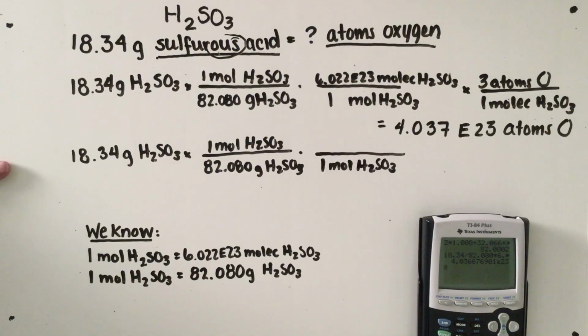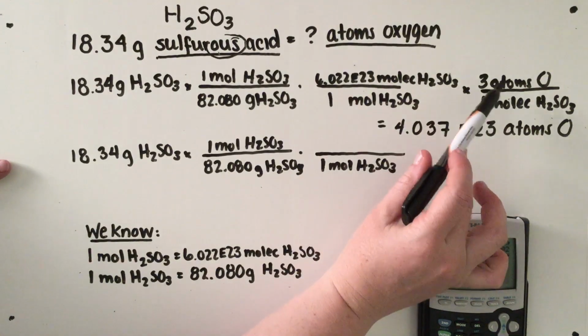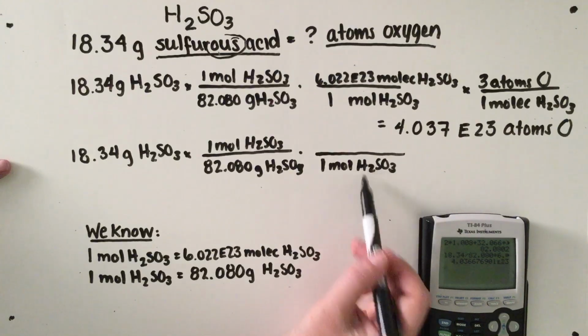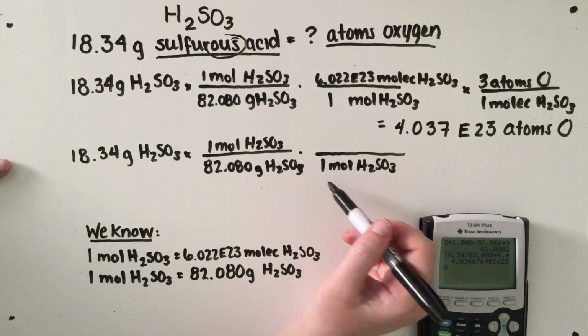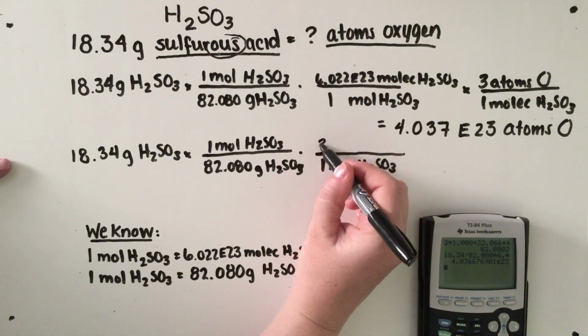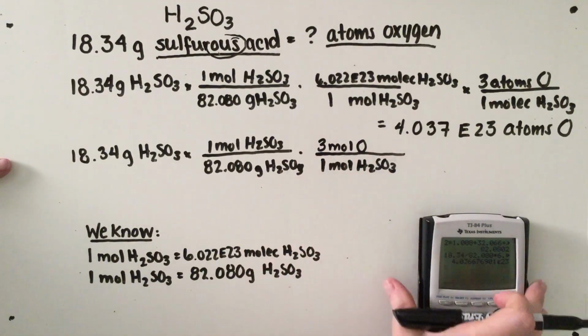If we're looking at an element within a compound, instead of waiting until the end to consider our ratio, we can also consider those subscripts as being ratios of moles. So during this step right here, we could just as easily have said that for every 1 mole of H2SO3, we have 3 moles of oxygen.